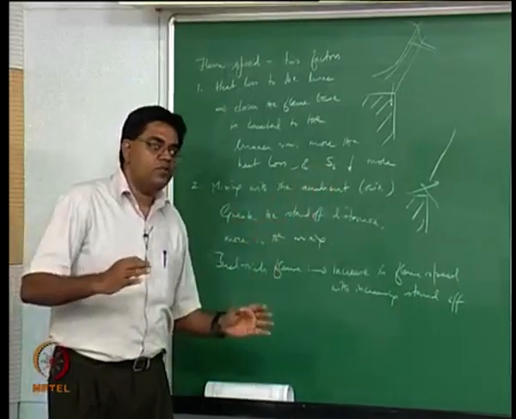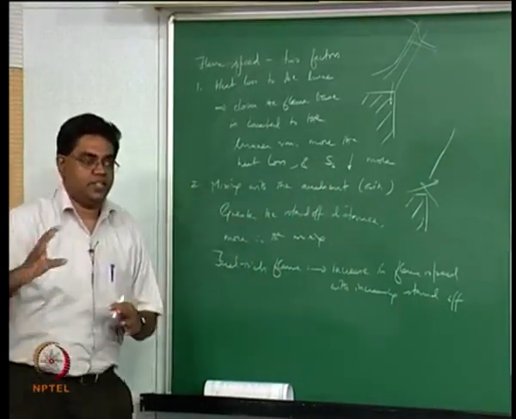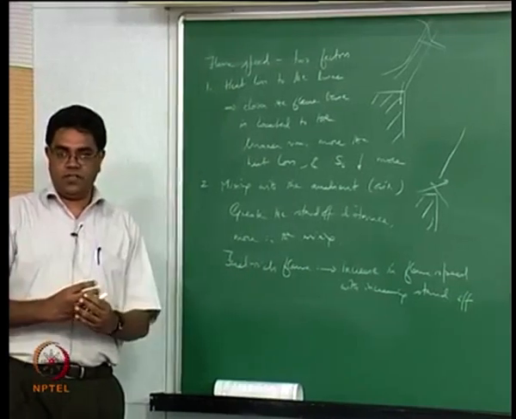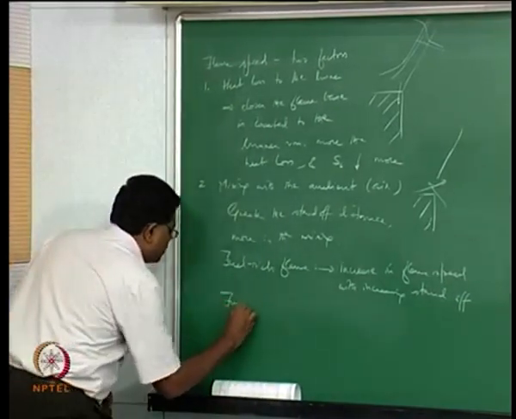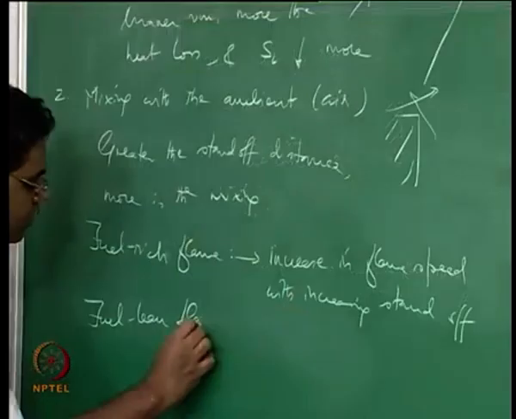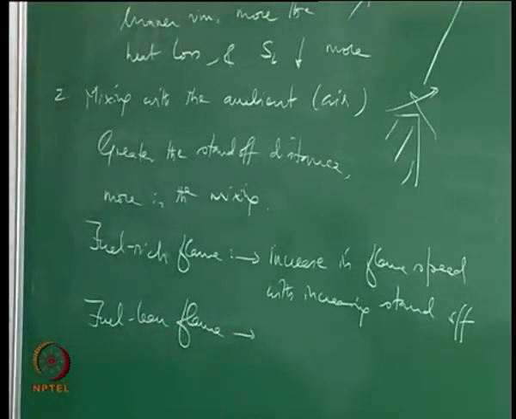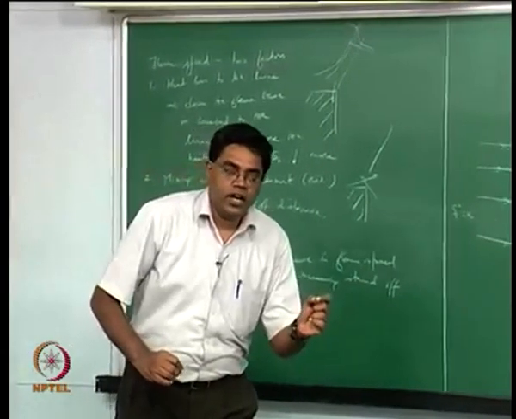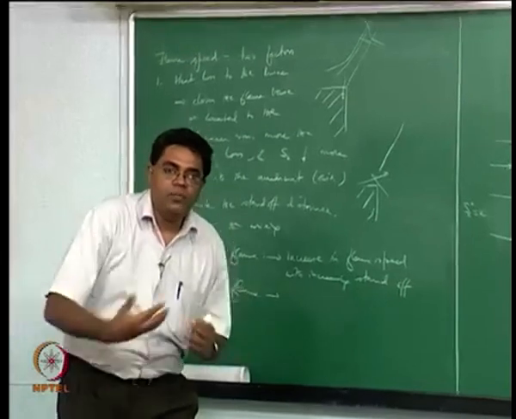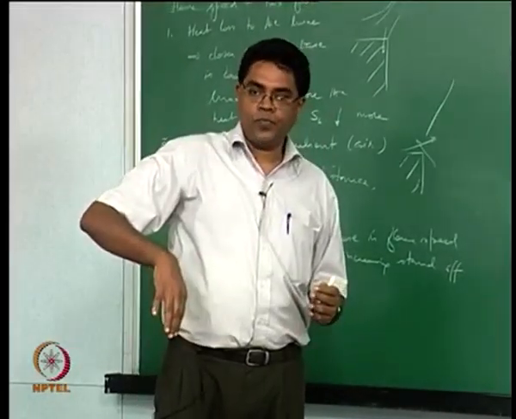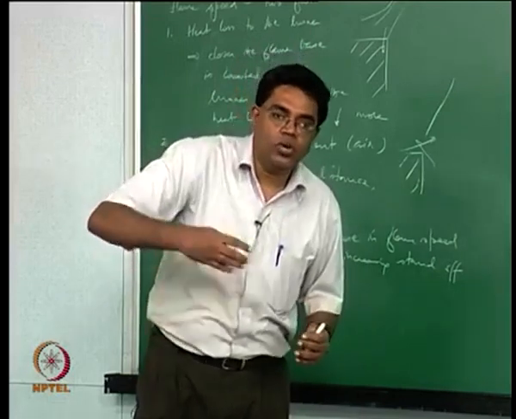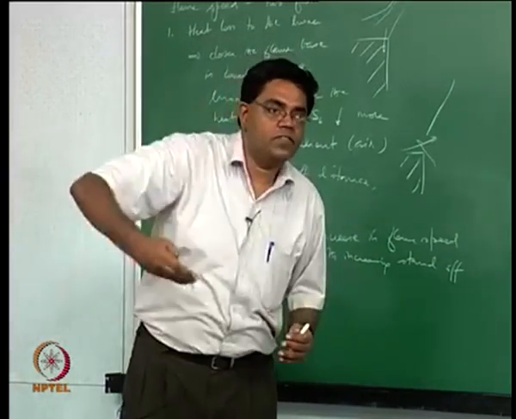What's important for us is to look at a competing effect, that means an opposing effect, and that is presented in the case of a fuel lean flame. In the case of a fuel lean flame, you are already fuel lean, and a greater mixing with the ambient is going to dilute the flame further and further, and that means the flame speed is going to decrease as the flame standoff distance increases.